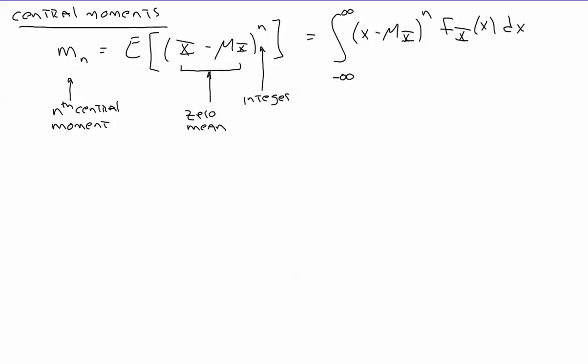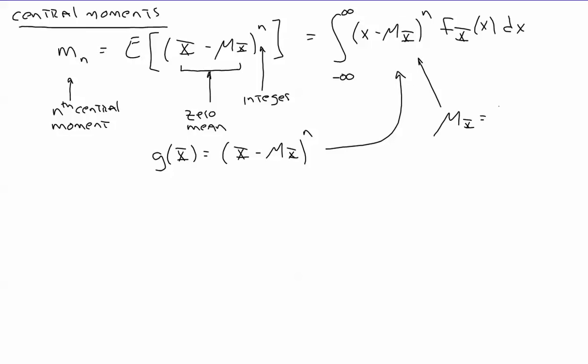My function now, if you will, is x minus mu of x raised to the nth power. So I plug that into my integrand, multiply it times the probability density function for x, and integrate over all possible values. And of course, mu of x is my first moment, or just simply the mean of x.